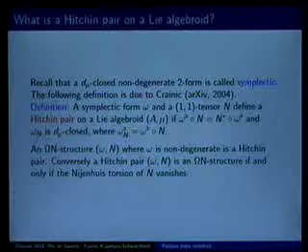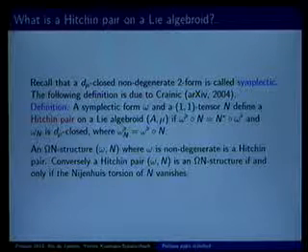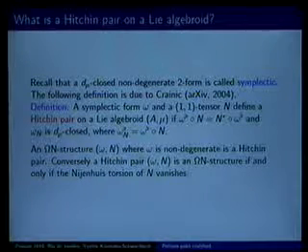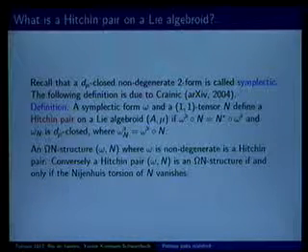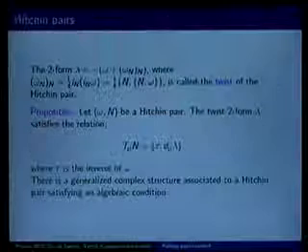And of course, if you ask how it is related to the preceding structures which I considered, well, if you start from an omega N structure, then you immediately get a Hitchin pair, provided your two-form is non-degenerate. And conversely, if you start from a Hitchin pair, but you assume that the torsion of N vanishes, then you are in the case of an omega N structure.